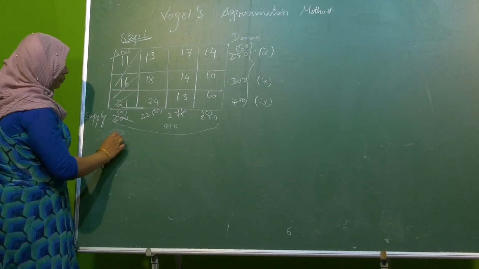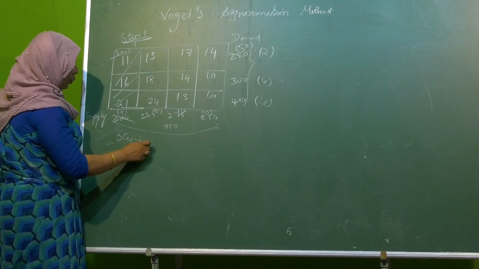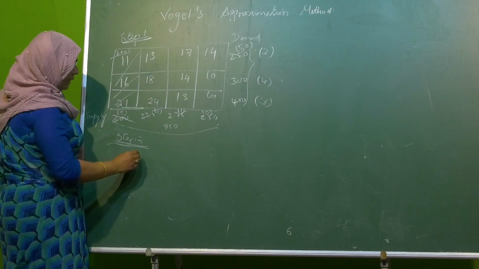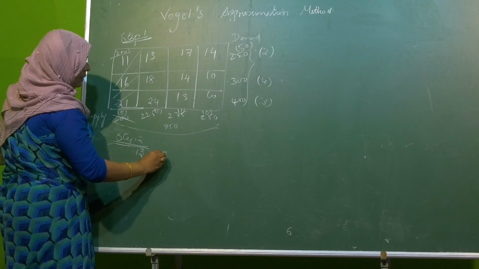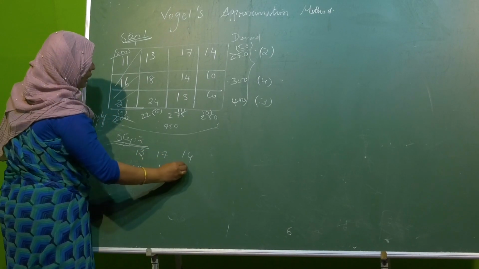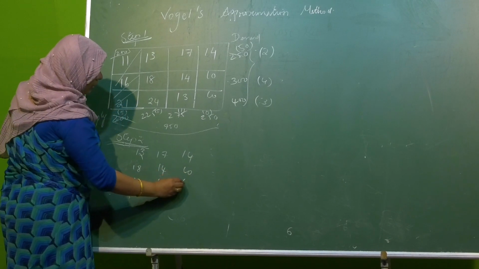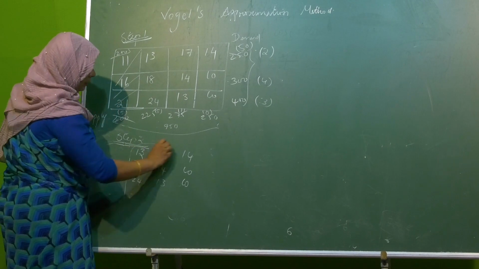Step 2. Again, we follow the same way. What are the remaining elements? 13, 17, 14, 18, 14, 10, 24, 13, 10.